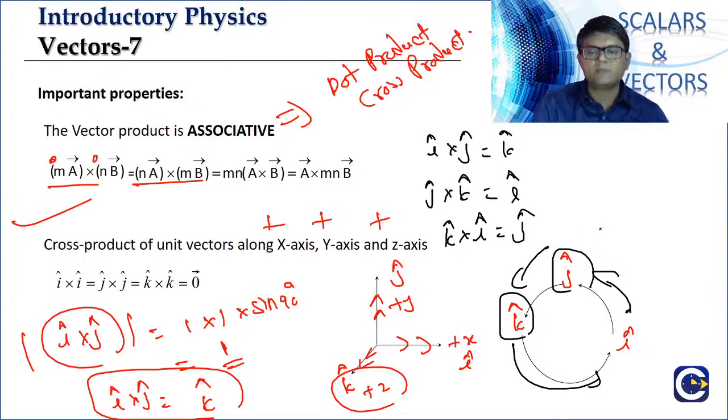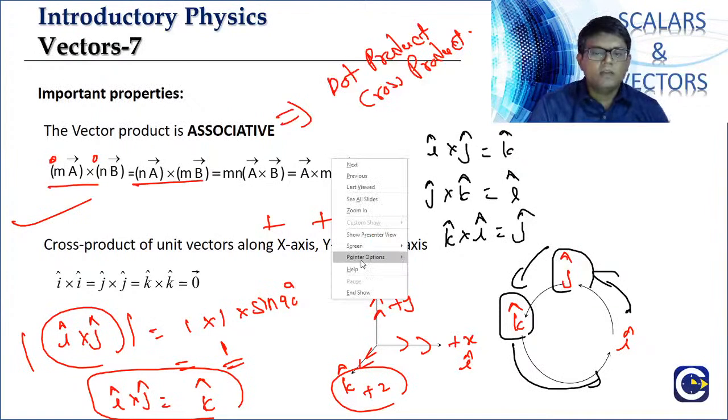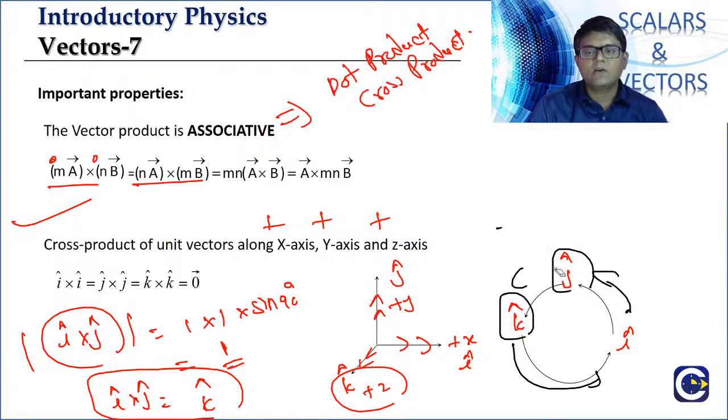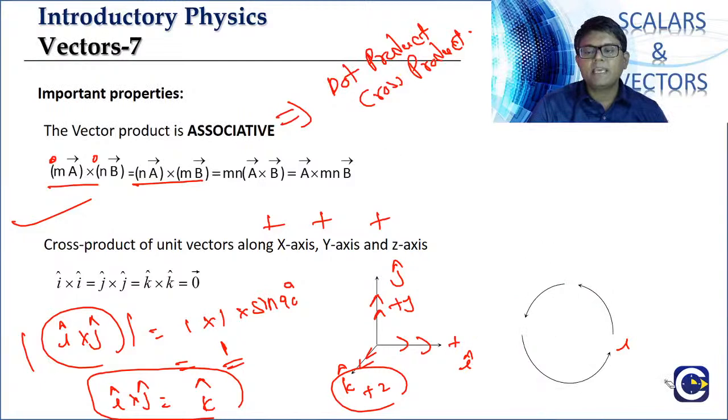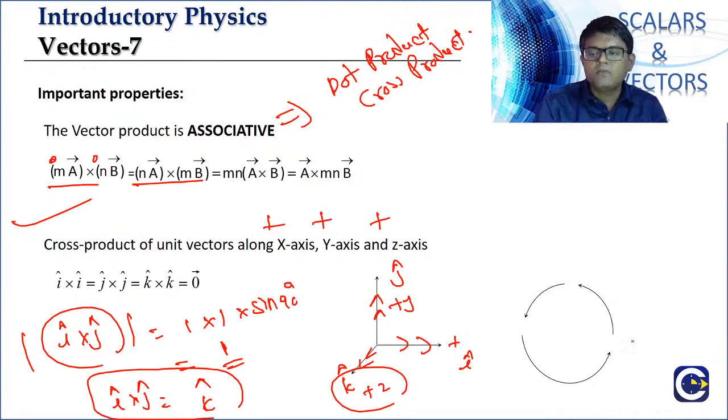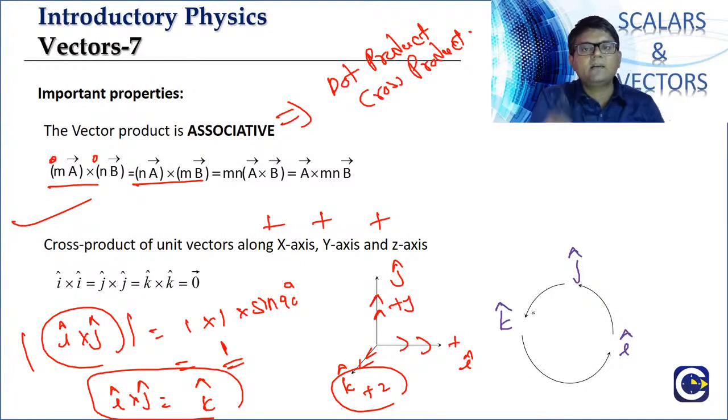Again, I'll explain it. We draw the things in the anti-clockwise panel. You can see in the anti-clockwise panel we are keeping i, j, k. Let me put them in the panel one more time and explain it. We have i, then j, then k. That is the panel.